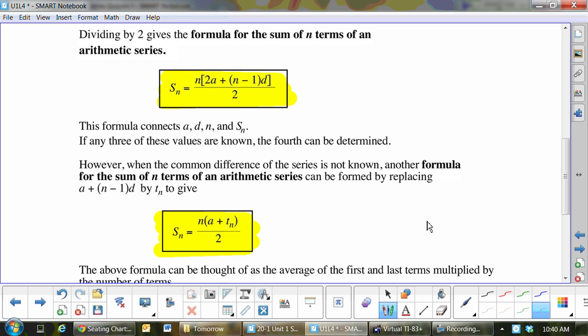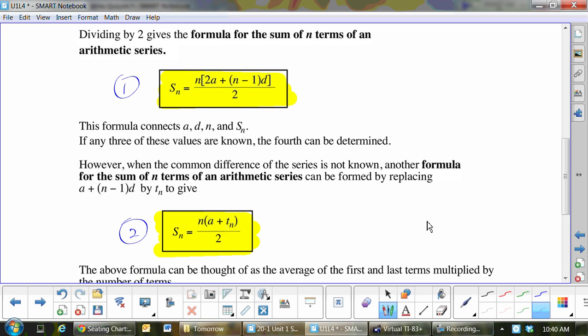Now, either someone had way too much time on their hands, or someone figured out you need two formulas. Besides using the formulas, you have to be able to look at a question and go, oh, I'm going to use formula 1, or I will use formula 2. Okay, and I'll call this formula 1 and formula 2.